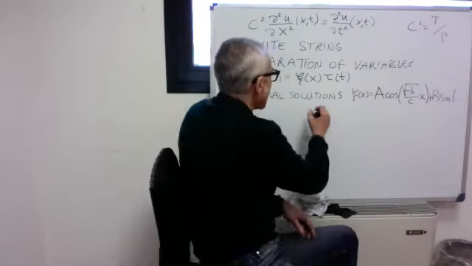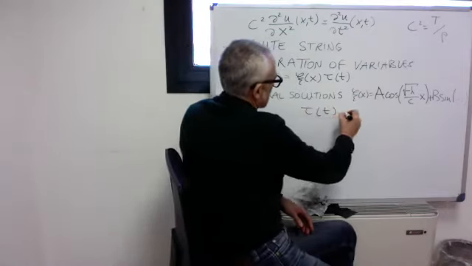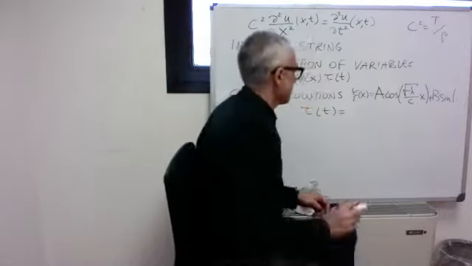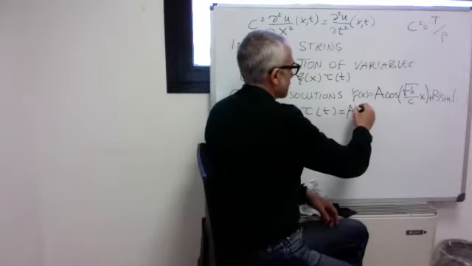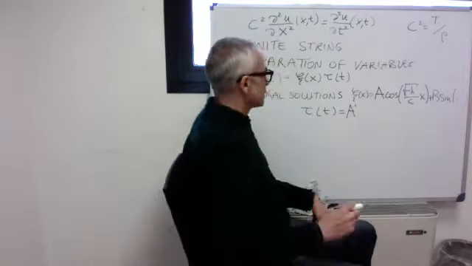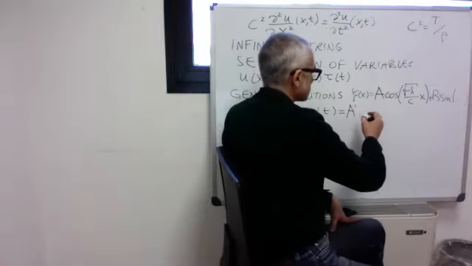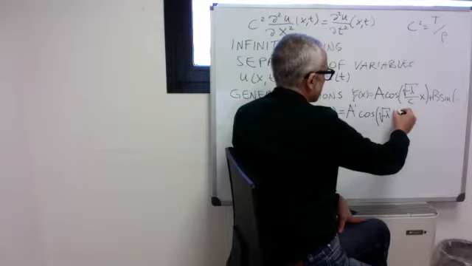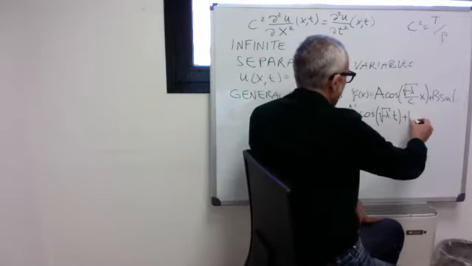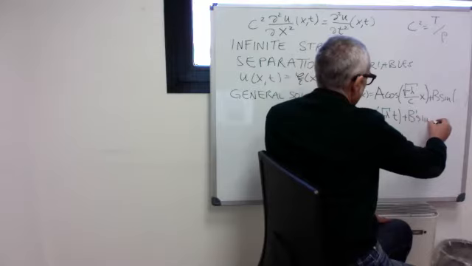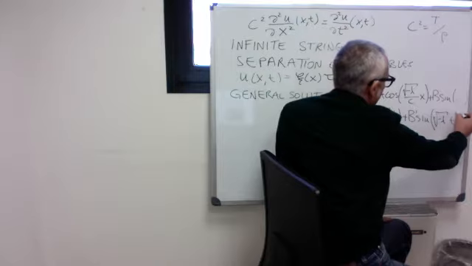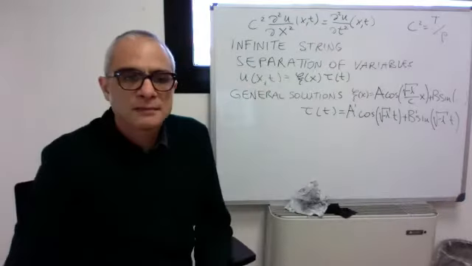And for tau, we have some other constant. Please be patient with me and let me call it A prime because I'm already running out of letters. A prime cosine, it's basically the same thing, right? As you remember, square root of minus lambda times t plus B prime sine, I'm going to write the whole thing now, minus square root of minus lambda times the time t.